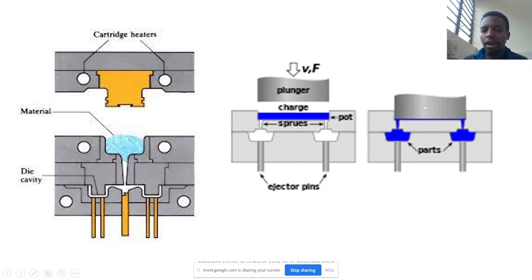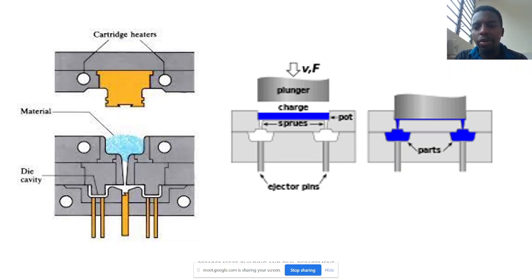On this other photo you shall see when the rubber is pressed, it is forced through these connecting chambers or connecting lines into the molds.